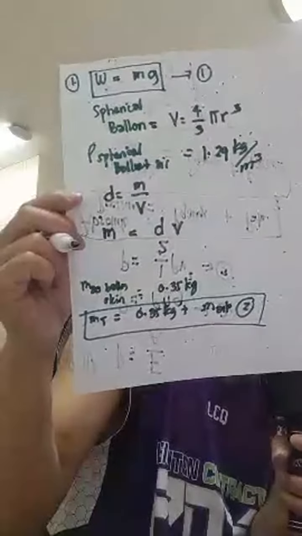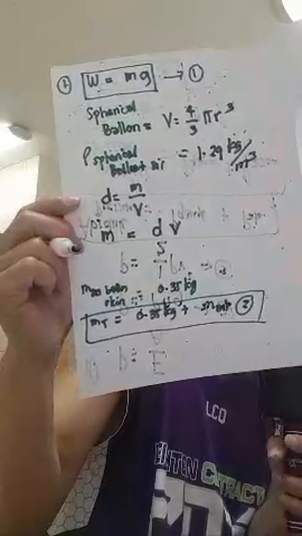So it is expected that the total mass will be the mass of the balloon skin plus the mass of the air. This is equation number 2. Total mass equals the mass of the balloon skin plus the mass of the air.